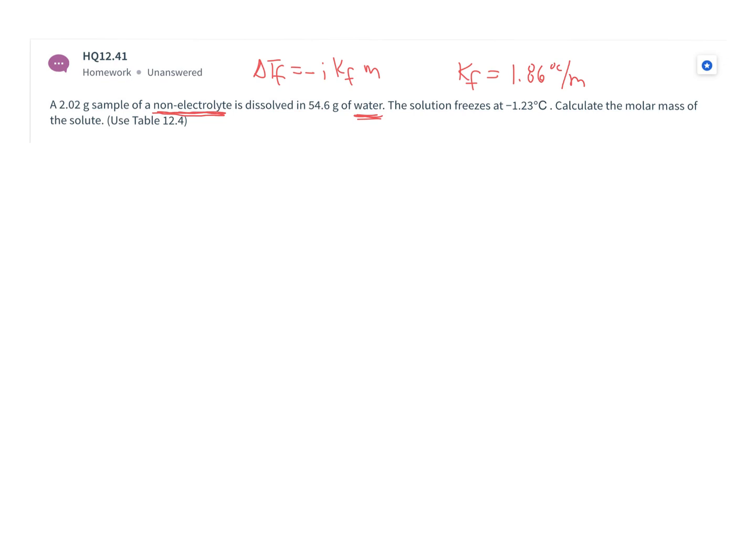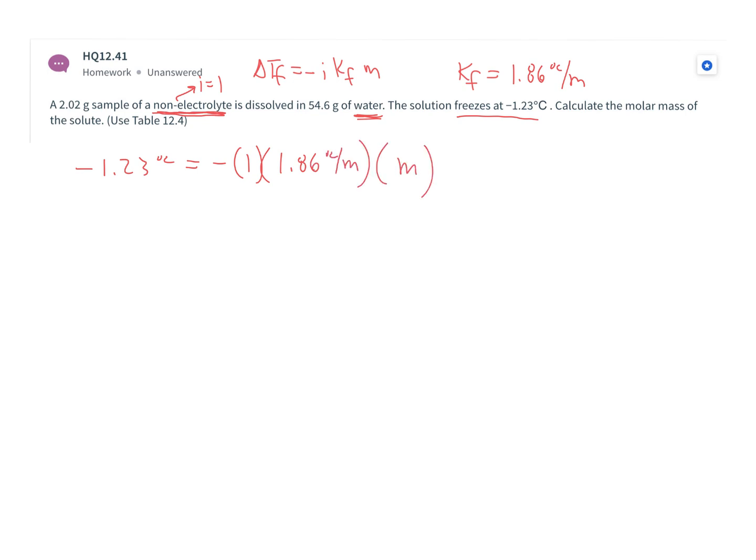Non-electrolyte is dissolved. So in this equation, we actually know our delta T_f because it tells us the new freezing point is negative 1.23 degrees Celsius. We know our Van't Hoff factor, because it's a non-electrolyte, so that equals 1. We know our freezing point constant, 1.86 degrees Celsius per molal.